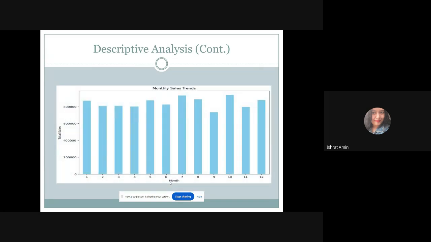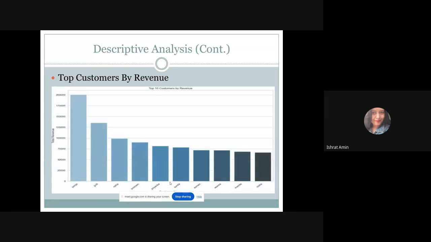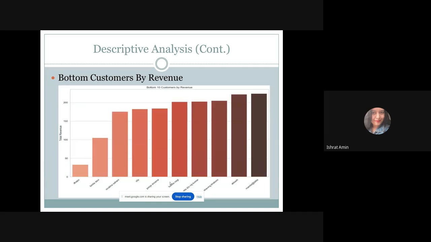Here is the monthly sales trend of the revenue, but we can see there isn't any very significant or drastic change in any month in terms of revenue. Here are the top 10 customers by revenue, and here are the bottom 10 customers.